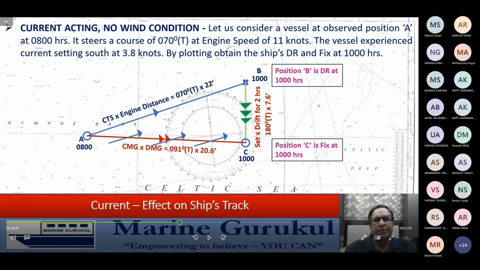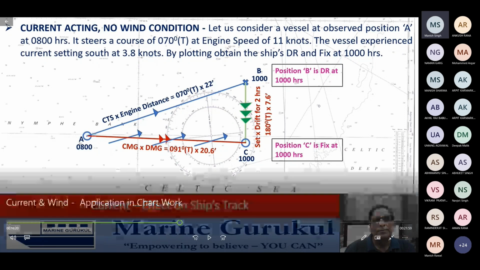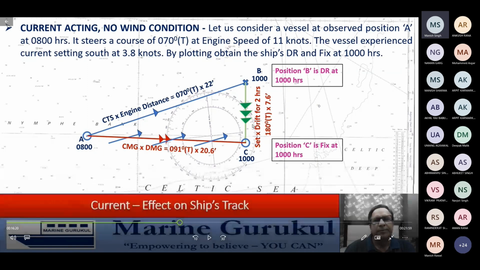Now, they are acting simultaneously, but in vector addition we have no method to add two vectors simultaneously. So the actual method which we follow is we first make one vector and after that we make the second vector. From that we get our resultant. So the blue line AB and the green line BC which we have drawn are to add these two vectors, not to find the actual track on which the ship moved.